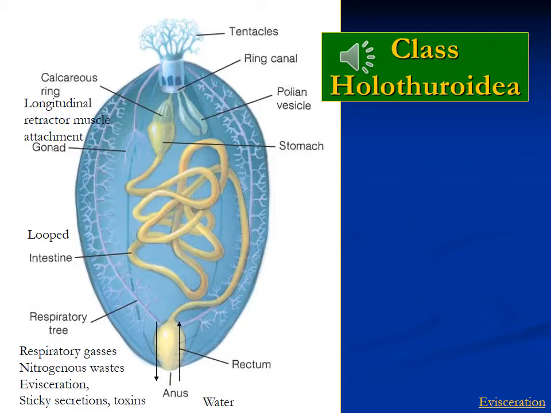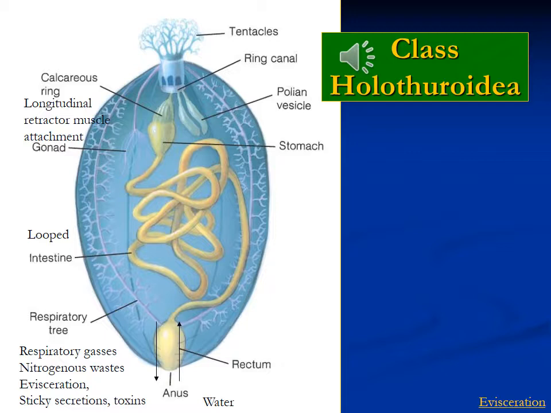Okay, so let's look at the internal features of the sea cucumber here. What you notice is that we have, again, a ring canal. There's the familiar Polian vesicles that we saw in Asteroidea earlier on. Internal ossicles here, the calcareous ring, support the tentacles and the ring canal.